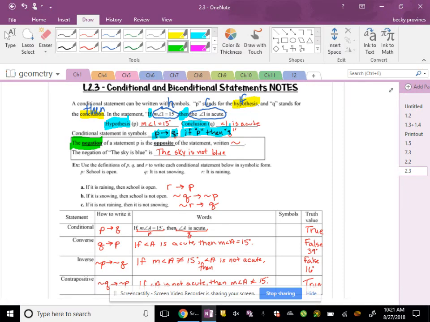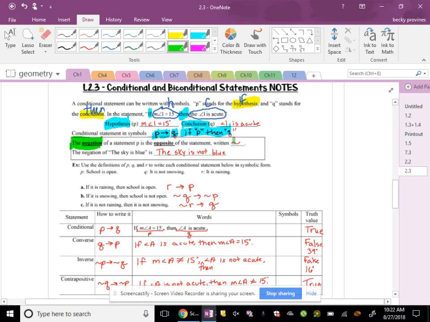If I say what's the opposite of green, you don't say yellow. You would say not green is the opposite, because we don't want to exclude other colors. If I say what's the opposite of a dog, you don't want to say cat. So you have to be careful with how you say these because you really don't want to exclude choices.